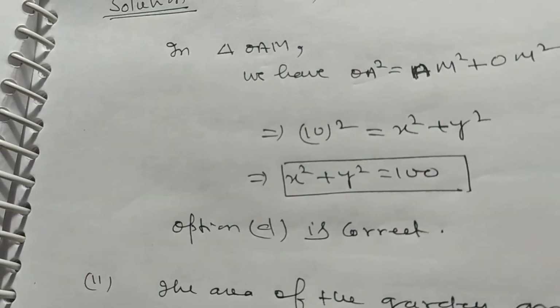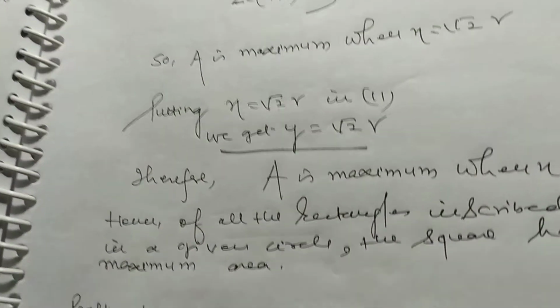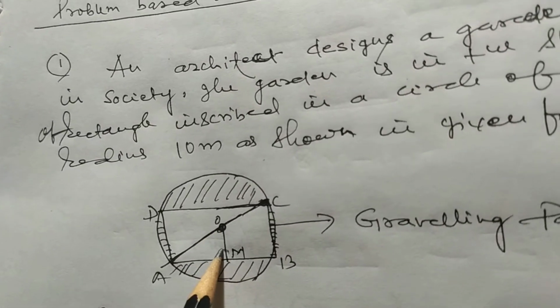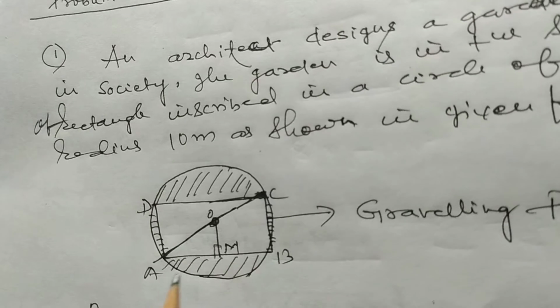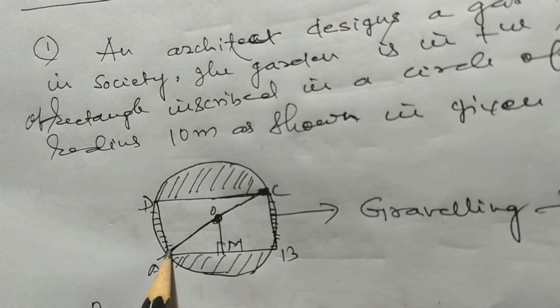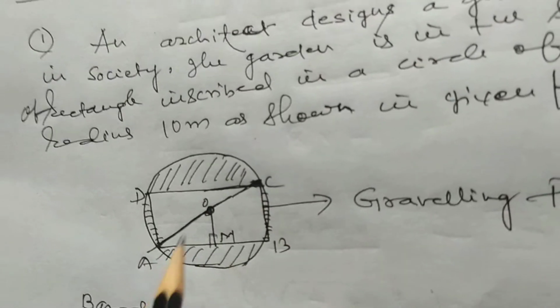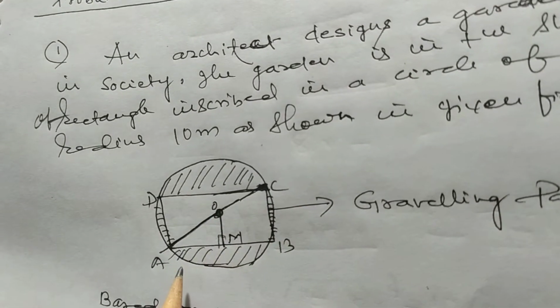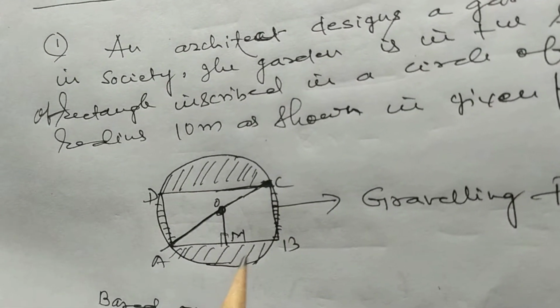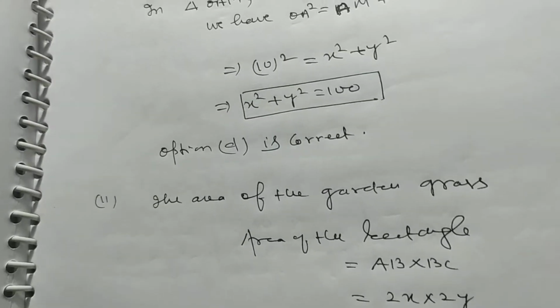Now see, in right angle triangle OMA, what do you observe? Here OA is 10 meter, the radius is given as 10 meter, and OM is perpendicular on AB. So we apply this property.